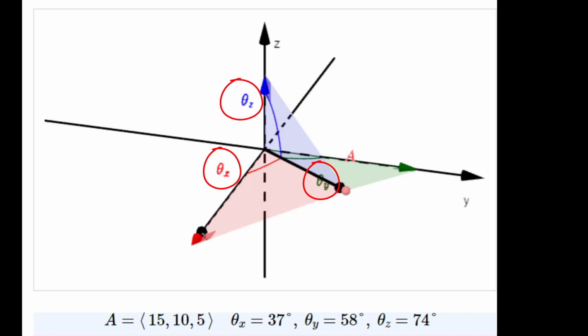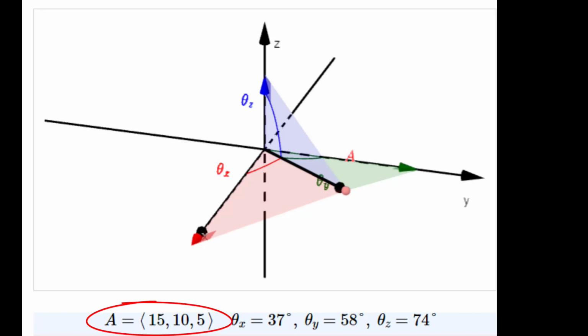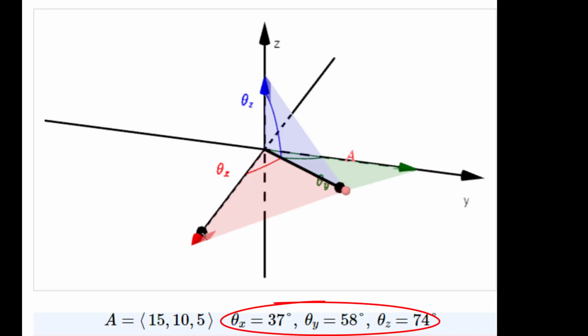And all these set would then define the location, in this case A, whose Cartesian coordinates are 15, 10, 5. They can be defined by those angles, which would be theta x of 37, theta y of 58, and a theta z of 74.